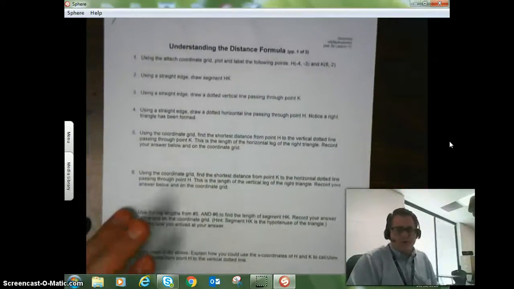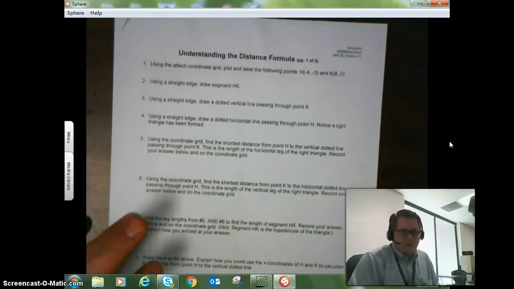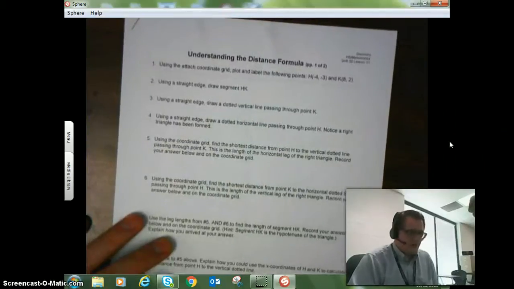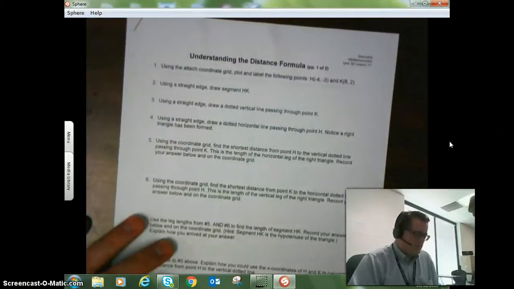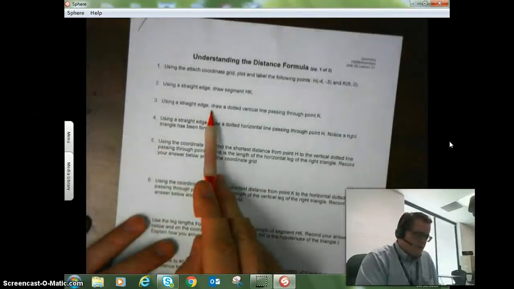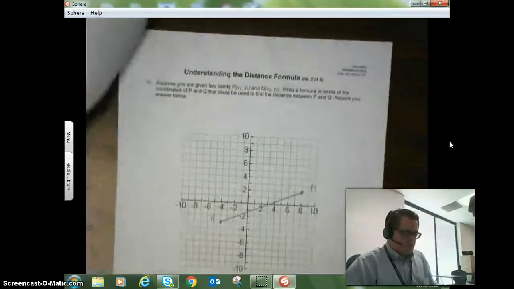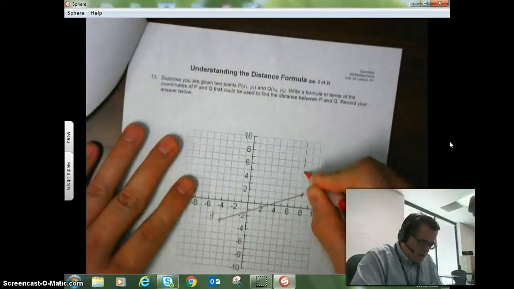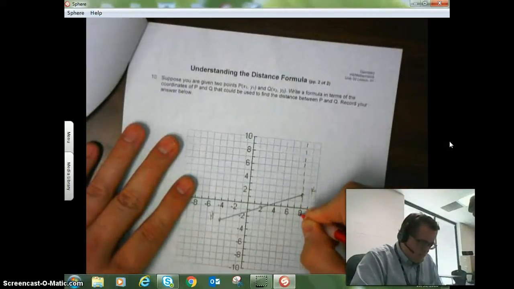Now if it was a horizontal line or a vertical line, we could just count it, but because it's slanted, it has a slope of some kind, we can't just count what we think it is. We have to actually figure it out. So draw a dotted vertical line passing through point K. So through point K, we'll have a dotted vertical line here.